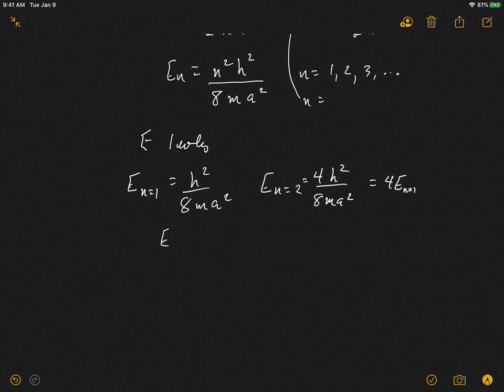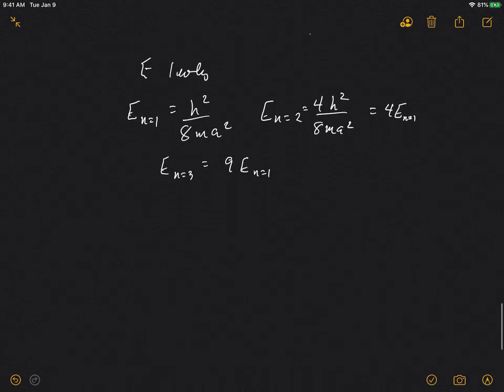The energy for n equals 3 is going to be 9 times the energy of n equals 1. And one way we like to represent these is in an energy level diagram. Now, the utility of this is not obvious at first glance.